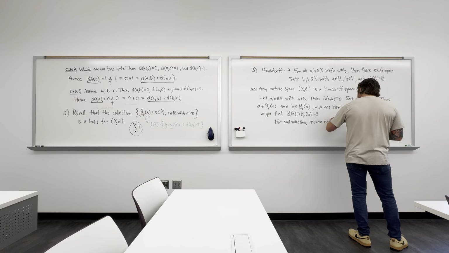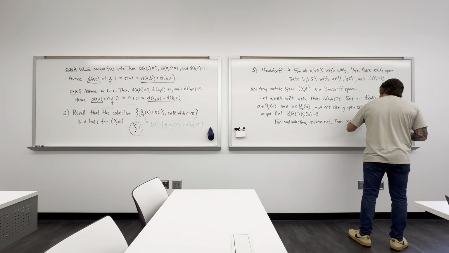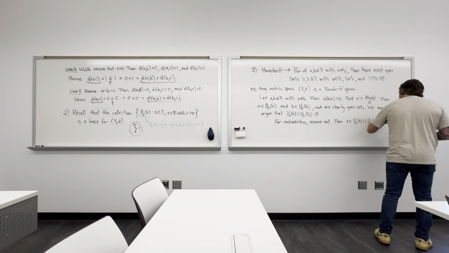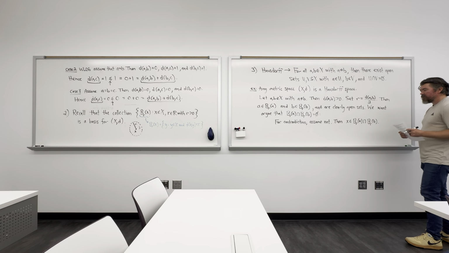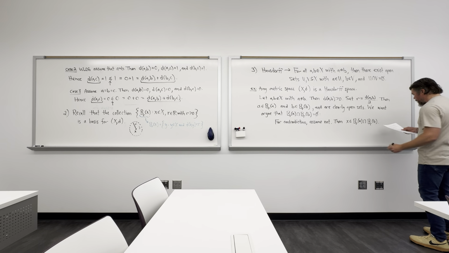Then we can find an element in the intersection. If this is not empty, then there's an element that exists in there.